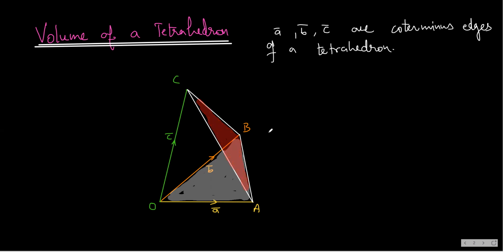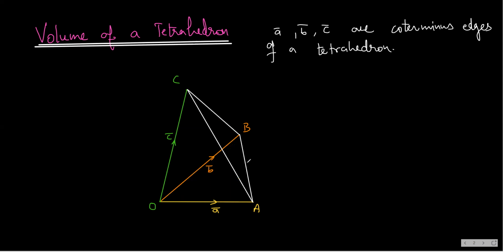It is a tetrahedron having three coterminous edges. You don't have to provide any shading to the diagram. You just have to understand.